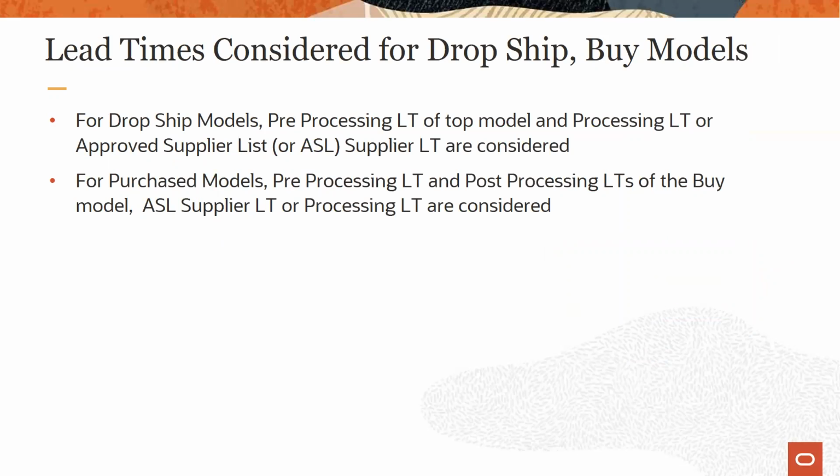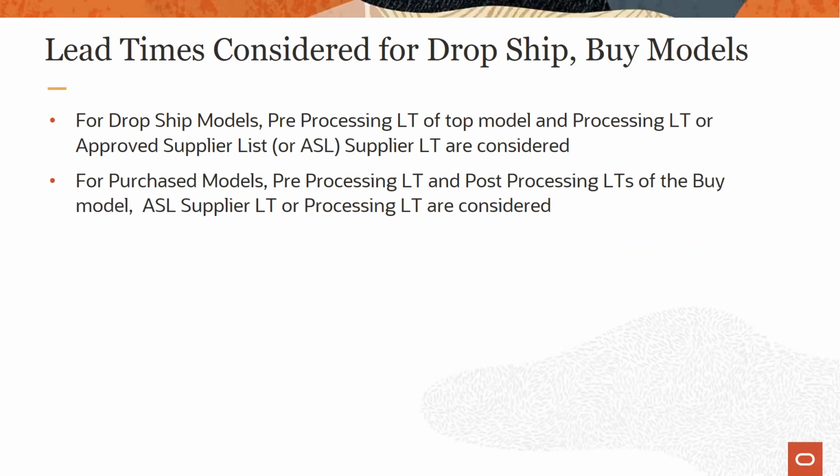In dropship cases, for all constrained option items, the approved supplier list lead time or ASL lead time or the processing lead time are rolled up to the parent level model. The processing lead time is used only when the supplier lead time is not defined for the item in ASL.